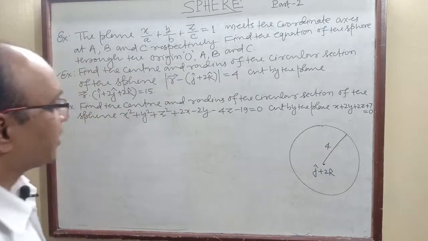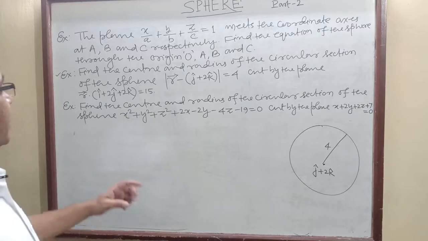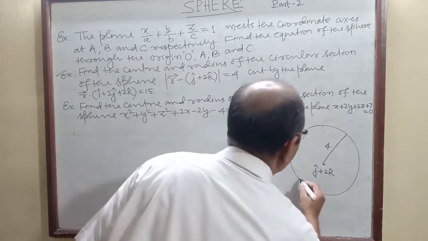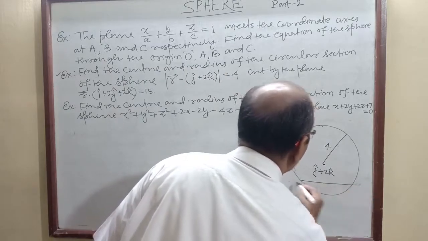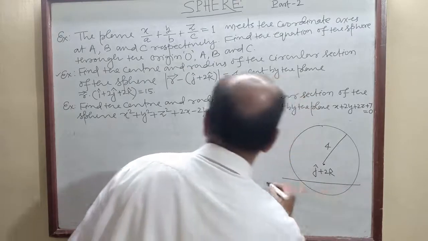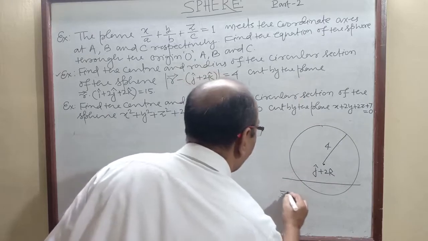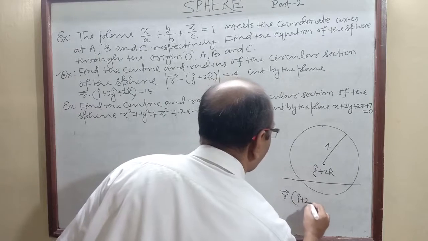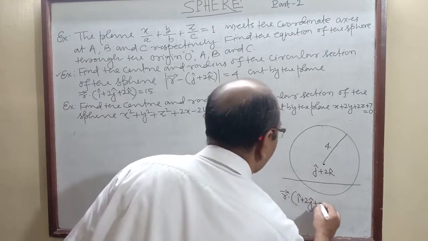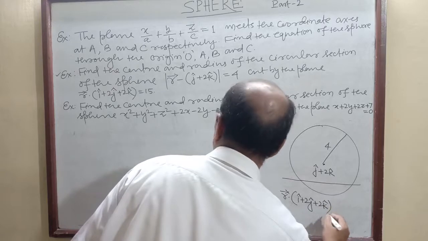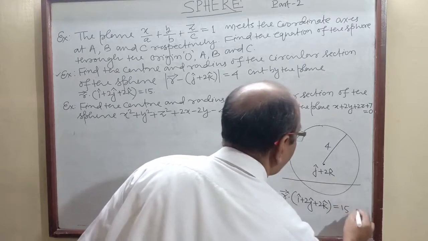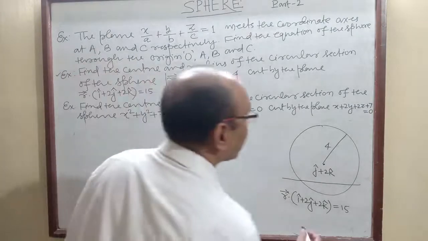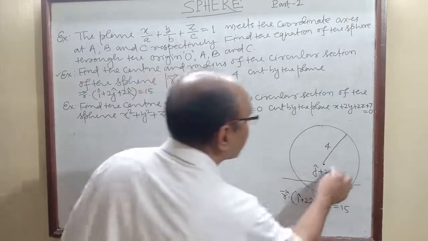The sphere is given, cut by this plane. By this plane, this sphere is cut in this way. The equation of this plane is given: r dot i plus 2j plus 2k equal to 15. This is the equation of the plane. This plane cuts the sphere. Then what will happen? Just a minute.